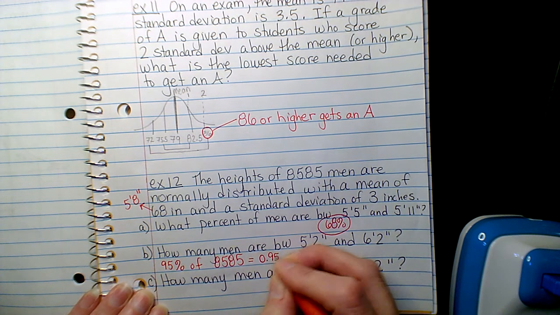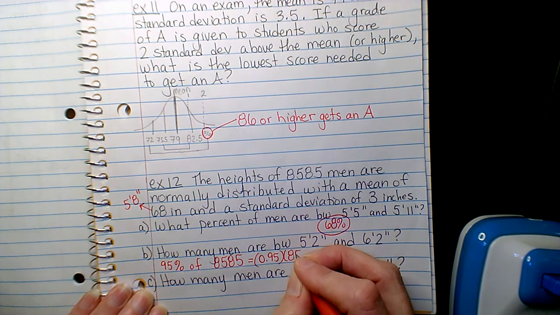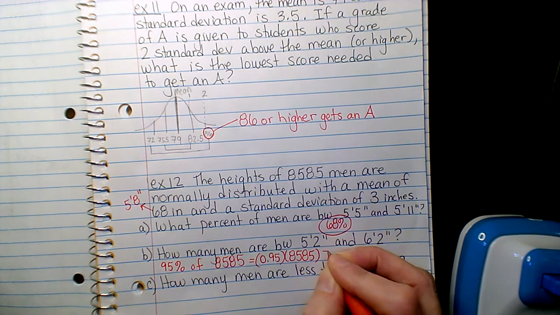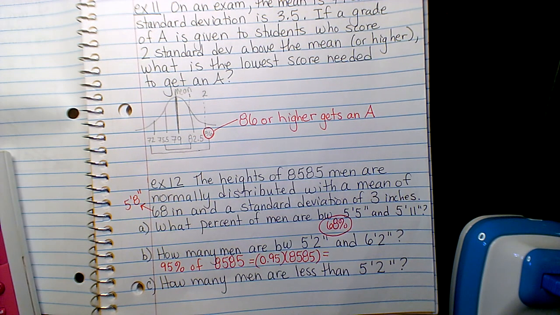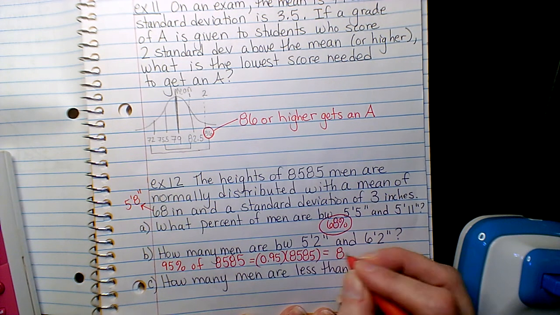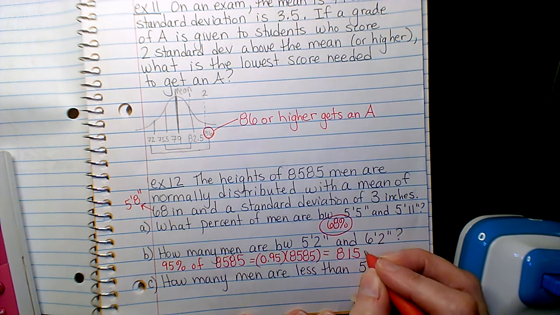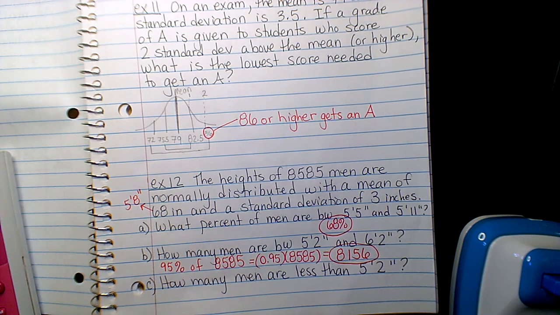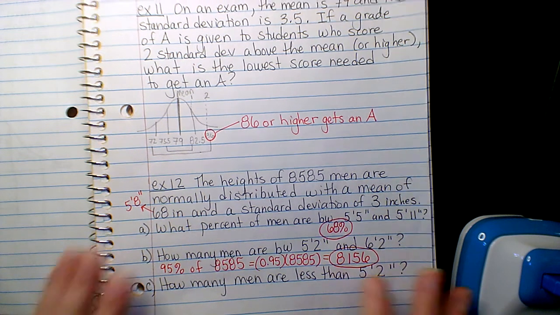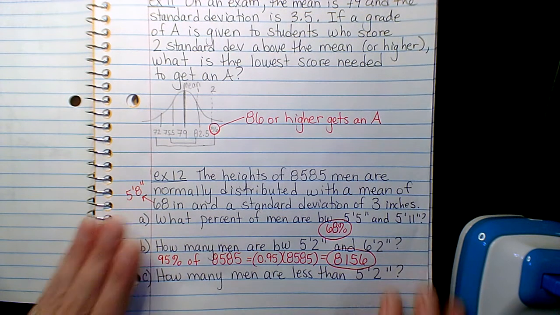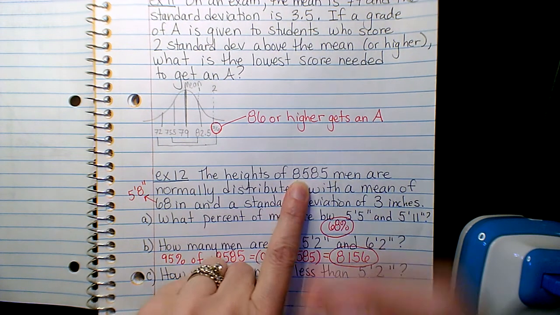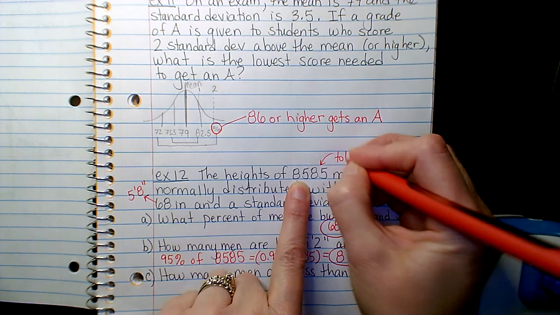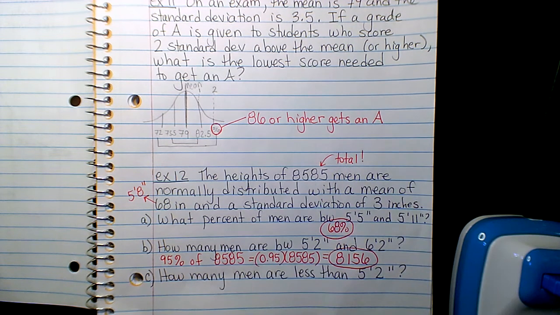So that's going to be 0.95 times 8585. That's about 8157. So let's round it to the nearest person. The difference being that the first one asked me for a percent, the second one asked for how many. So I took a percent of this total right there.